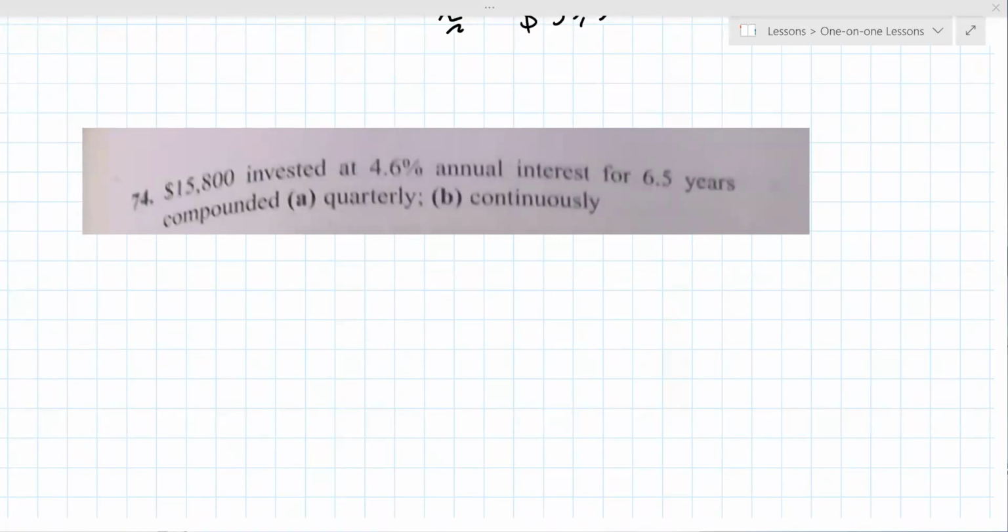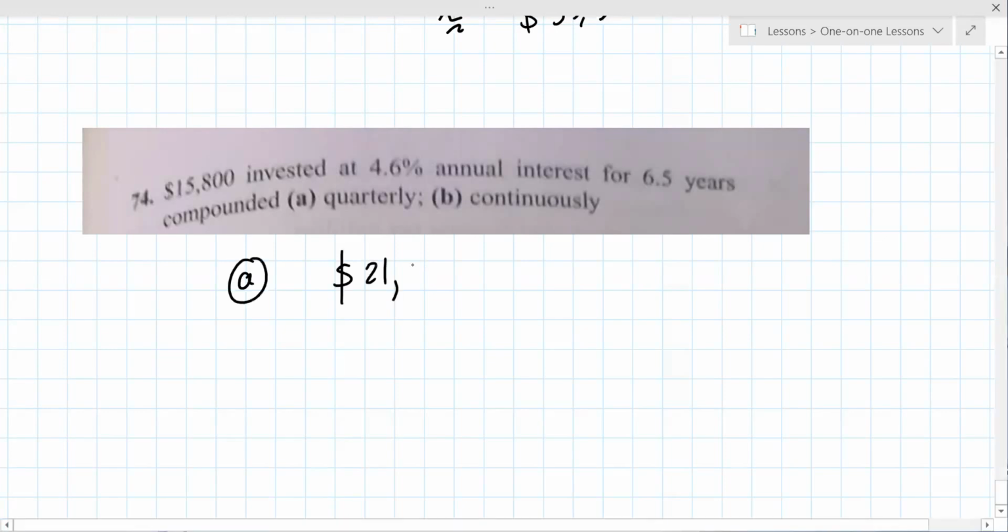4/6 divided by 4. Great. So quarterly means N equals 4. For part A, I'm writing down the answer.